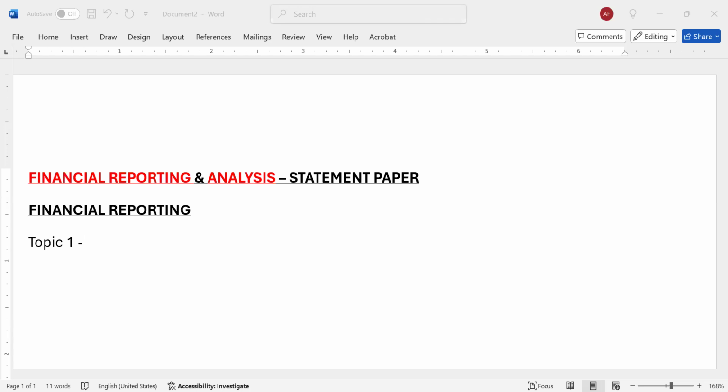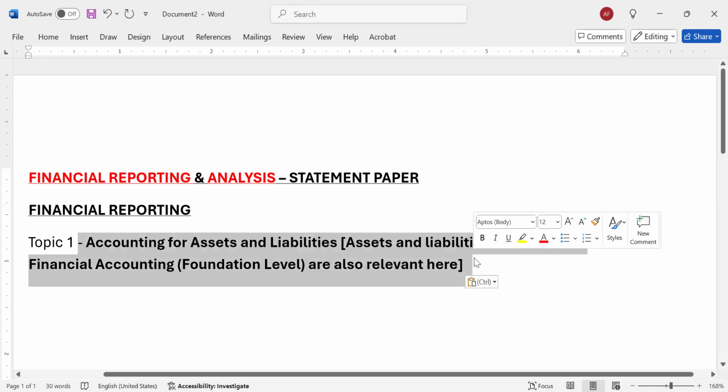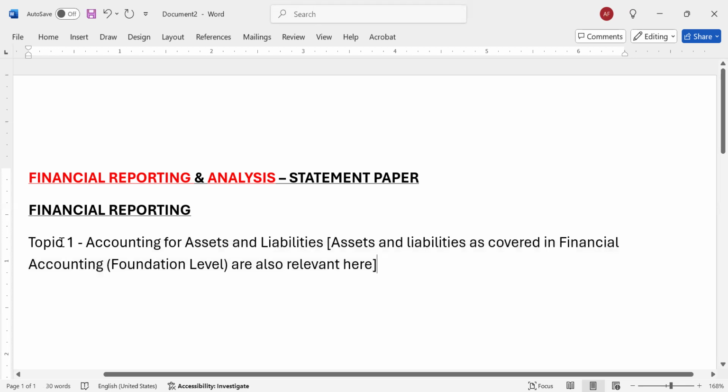Remember, when you were introduced to financial accounting at your basic level, there were items that we did for assets and liabilities. So that is what we will be introduced to. Whatever we will be expected to understand in topic number one is all about accounting for assets and liabilities, what you did in your basic level of financial accounting.